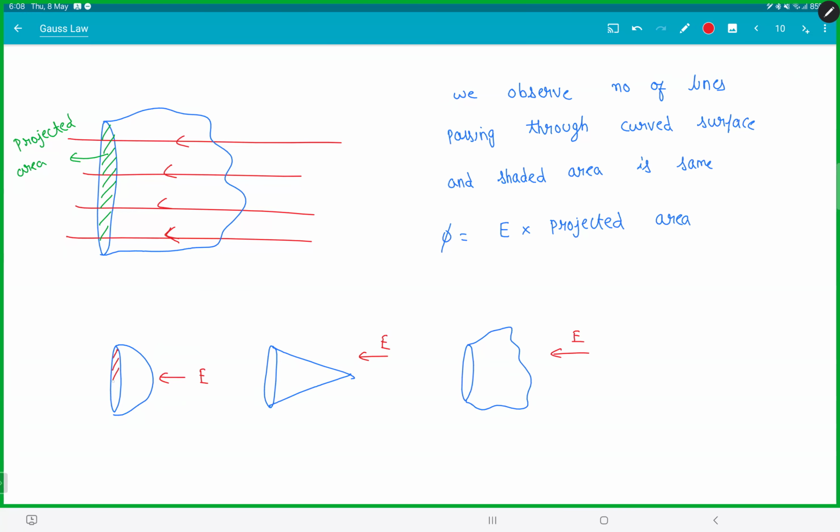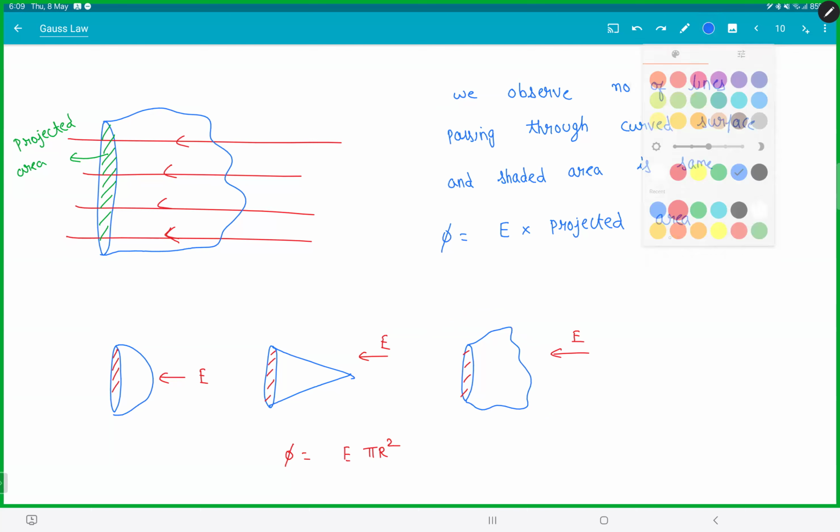For all of them, the projected area is the same. The flux will be simply E into pi r square. Is this clear, everyone? The moment I introduce that red color area, this whole figure becomes closed. That is the definition of projected area. The first time you saw this was in fluid mechanics. Clear? Easy one, but it's a proper mains level question.